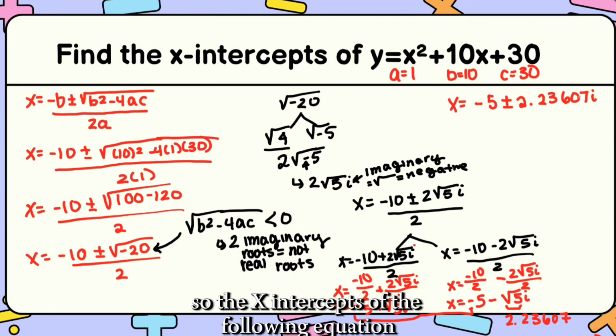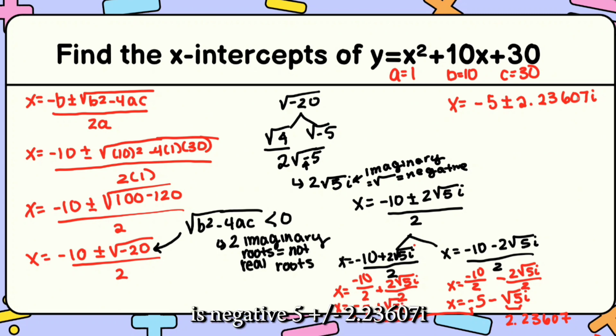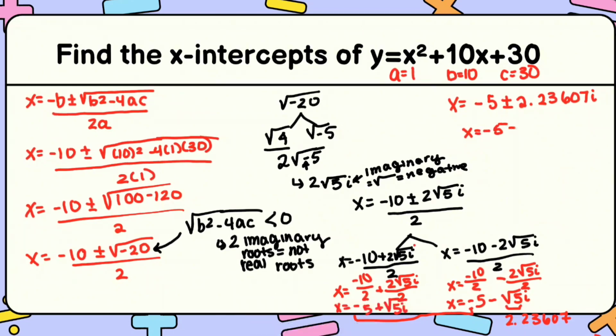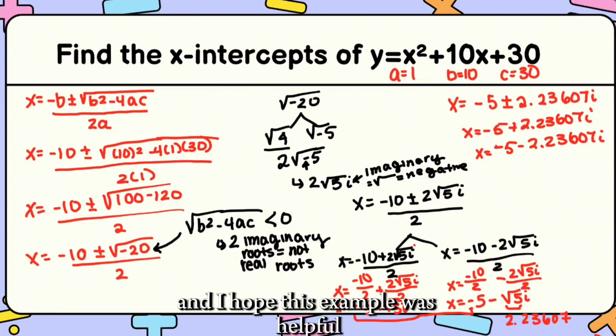So the x-intercepts of the following equation is -5 plus or minus 2.23607i. And again, these are going to split up into plus and minus. And I hope this example was helpful.